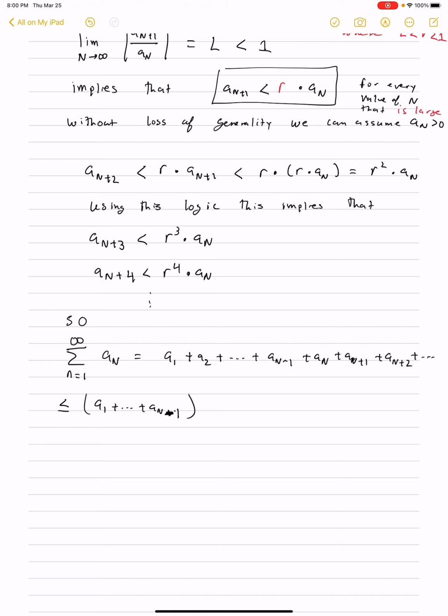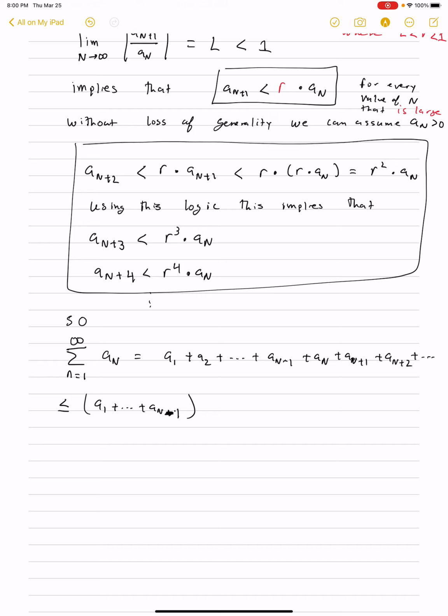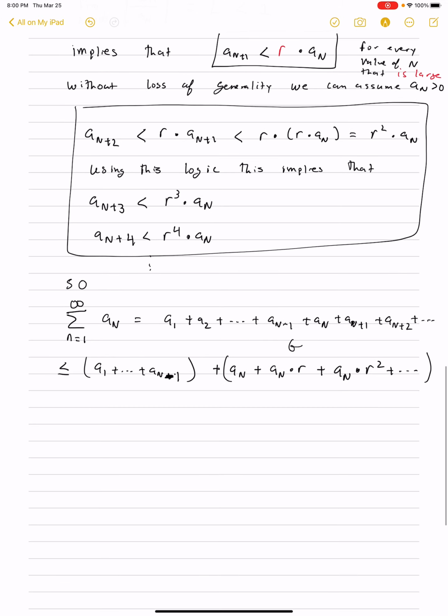Okay, then this is where I use this fact above and the geometric series. So now this is less than or equal to a sub n, okay, but a sub n plus 1 is less than a sub n times r. The next term, a sub n plus 2, is less than a sub n times r squared, and so on. This part's geometric, and this part is finite.